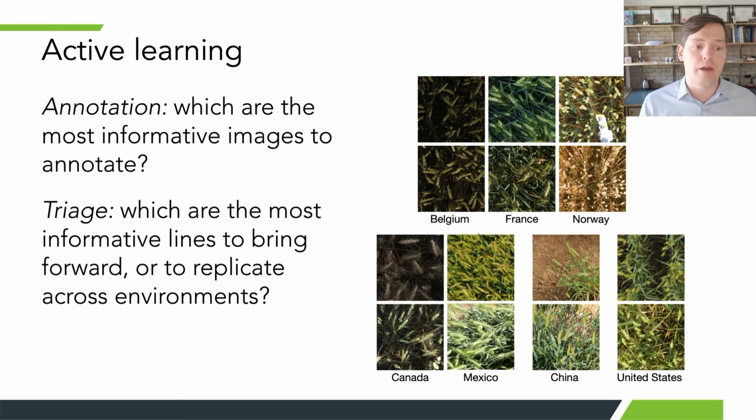We would state this as: which are the most informative lines to bring forward or to replicate across environments? We might need to bring lines forward or replicate things in ways that provide enough variation in the data set to make the deep learning model more robust. And I think this can also be formulated under these same active learning type approaches.